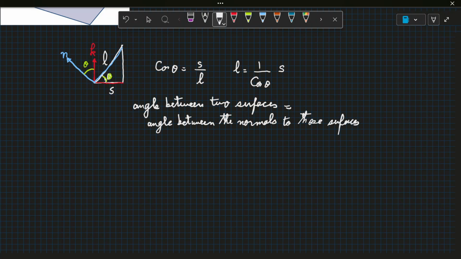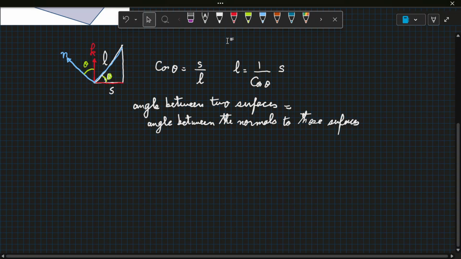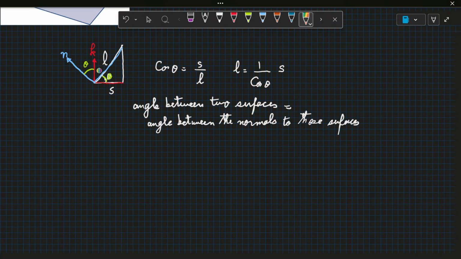Hopefully you can justify that this green angle here and this green angle here are the same thing, and of course both of them are complements of this angle in between.